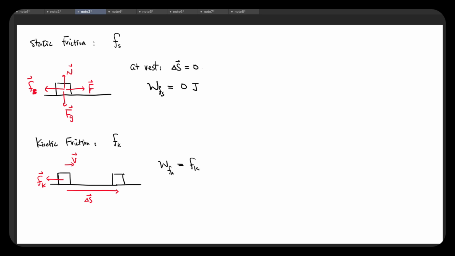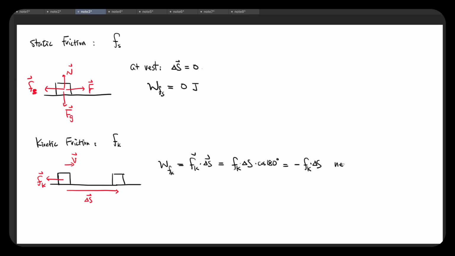Now if I calculate the work done by Fk, let's see what we get. It's Fk dot product delta S, and that equals Fk delta S cosine 180 degrees, right? The angle between them is 180 degrees, so that equals -1, negative Fk times delta S. So it turns out to be negative work.